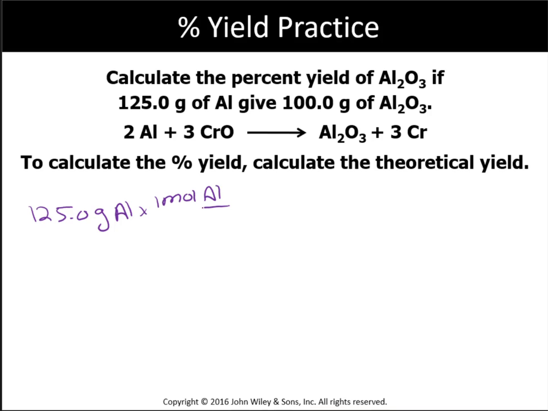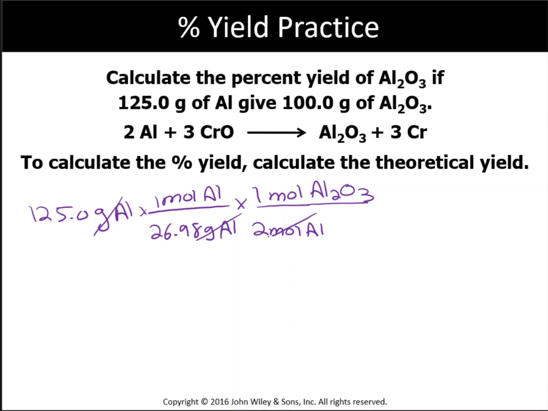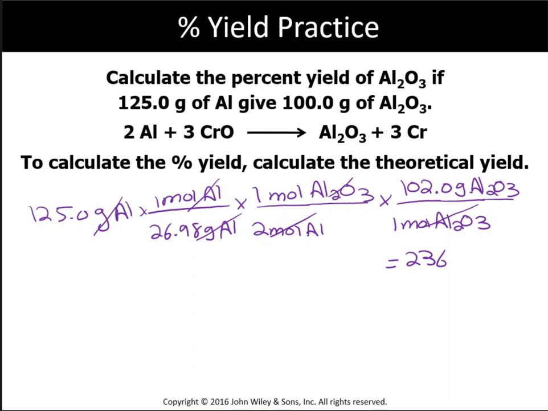Each mole of aluminum is 26.98 grams. Based on the balanced reaction, each 2 moles of aluminum gives us 1 mole of aluminum oxide. And then to convert to mass, each mole of aluminum oxide is 102.0 grams, which gives 236.3 grams of aluminum oxide.